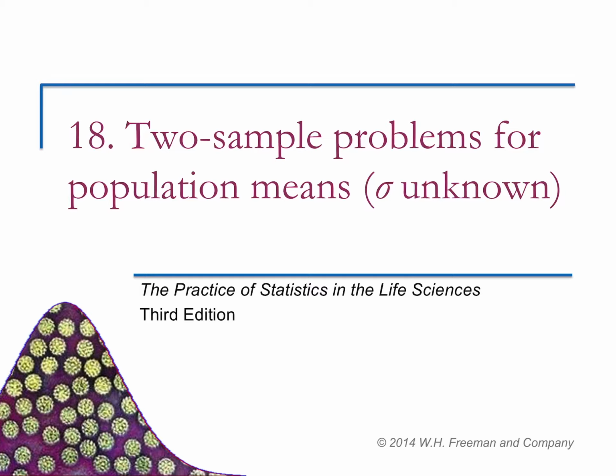Okay, everyone, welcome to the first of what will probably be two video lectures for Chapter 18. You'll remember that in Chapter 17, we introduced the concept of the t-test. In that chapter, we dealt with what's called a one-sample t-test.